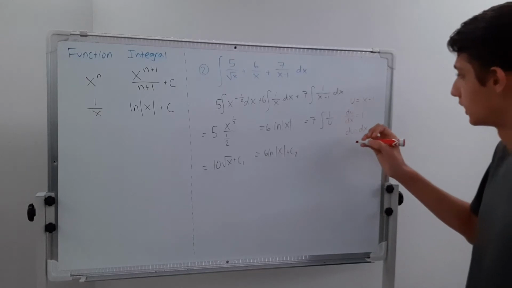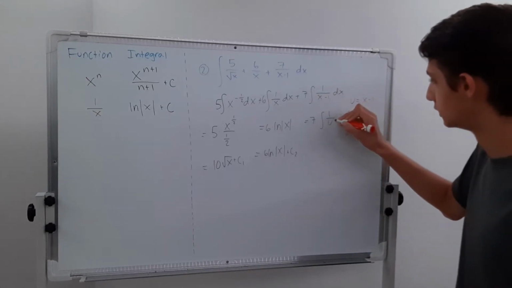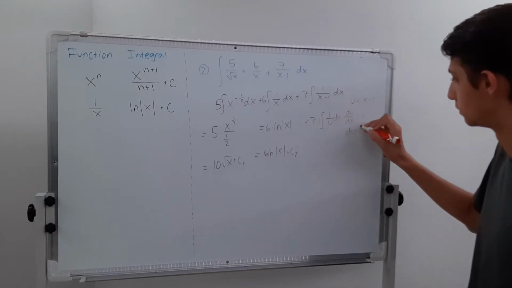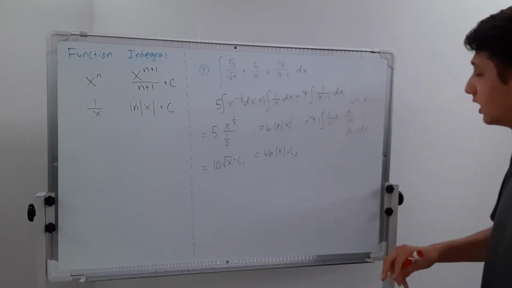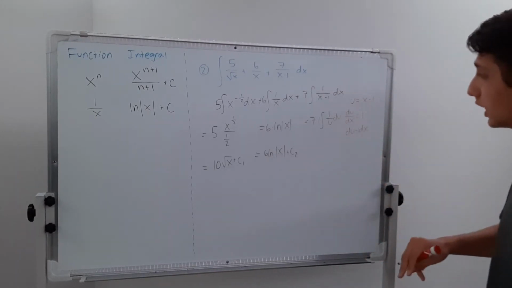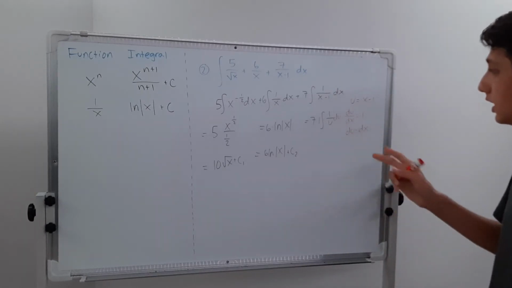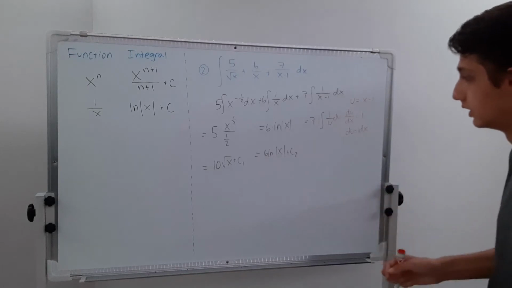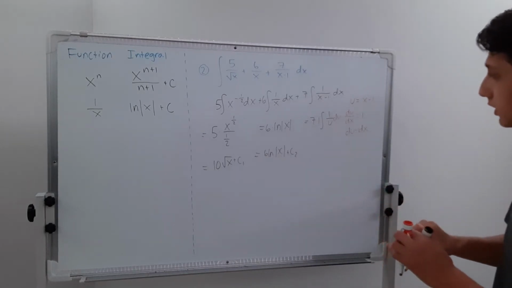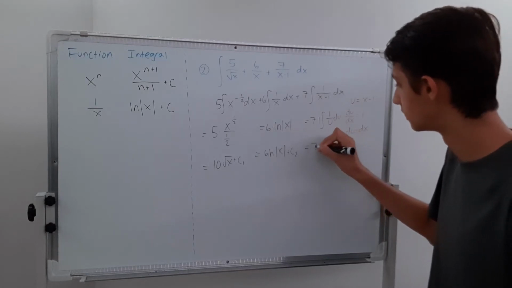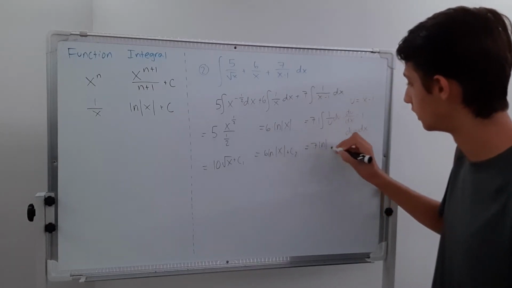And yeah, so then we can kind of just add this du and multiply by 1, because du is 1 dx. So yeah, I mean, we'll come up with more difficult problems in a second, but for now this is fairly easy. So then we have 7 times the natural log of u.